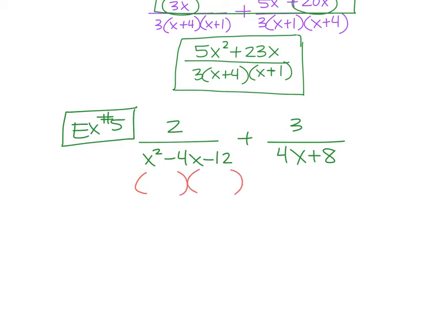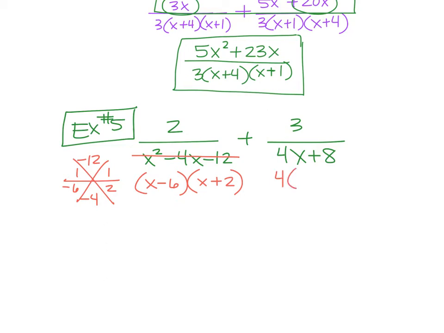Okay, what can you multiply to get negative 12 that you can add to get negative 4? Negative 6 and positive 2. Okay, so this is going to be x minus 6 and x plus 2. So essentially what we're doing is we're taking this away, we're putting that in, right? What can you do on the second one?